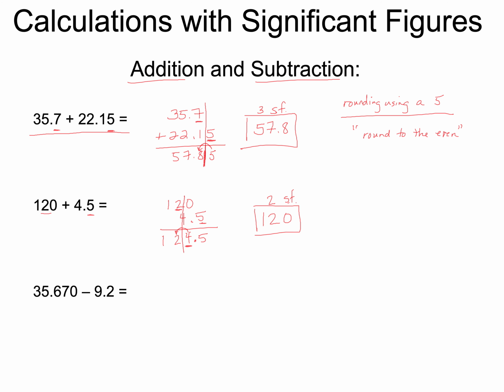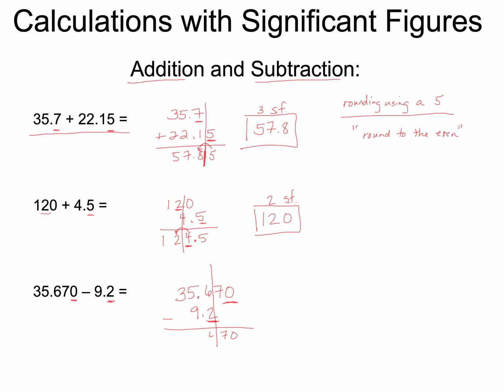Okay. Our next calculation. The last significant value is the 0 in 35.67 and, for 9.2, it is the 2. So when we do our longhand subtraction here, it is like this. 0 is significant, 2 is significant. The 2 is furthest to the left, so that's the furthest that we report.